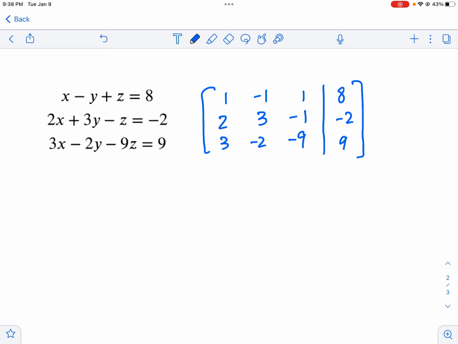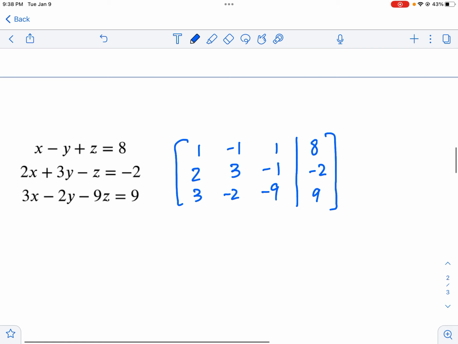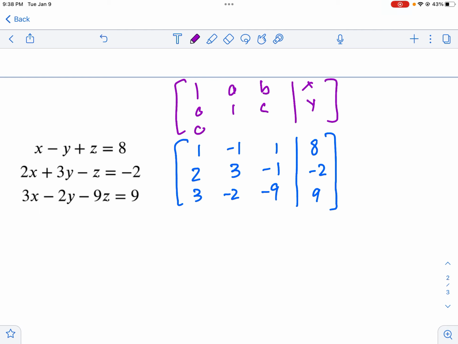So again, my goal is to get this A, or 1. I'm going to call this A, B, and X. 0, 1, I'll call this, I don't know, C and Y. And 0, 0, 1, and I'll call that Z. So my goal is to get a row of 1 like that.